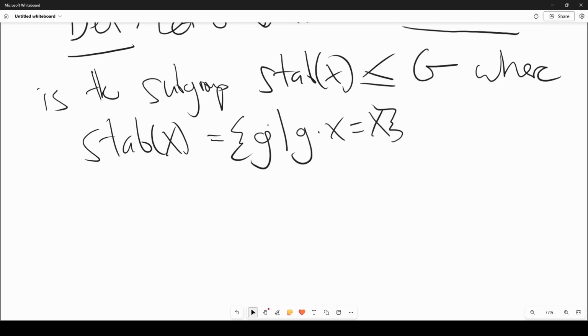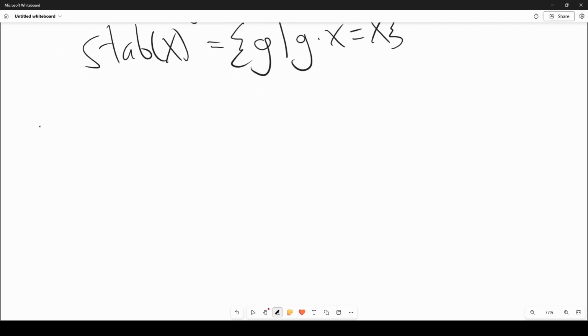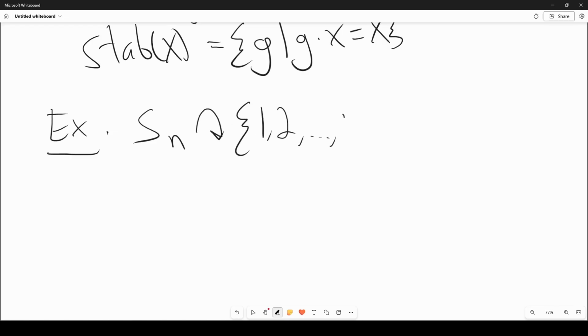Okay, let's look at a quick example that should hopefully fortify these definitions. So we're going to look at the symmetric group on 1 through n. So this is like permutations of the numbers 1 through n. And we're going to have it act on, I guess what's most natural is the set 1 through n.